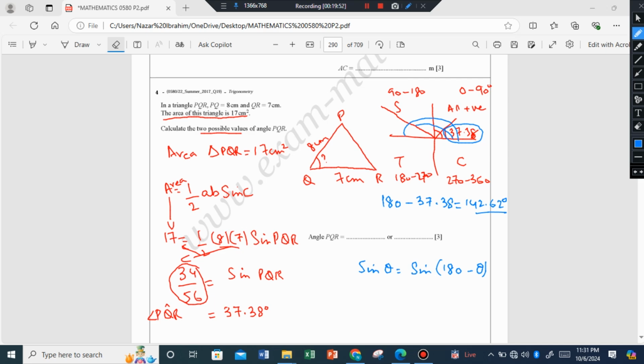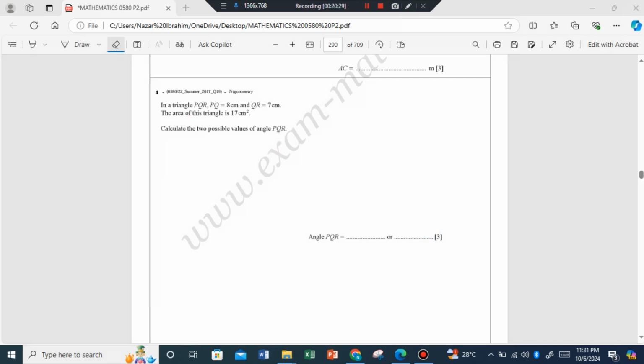I should get this whole value, 34.56. If I'm getting this value with a positive sign, it means my answer is correct. Okay, so the two values are one is 37.38 and the other one is 142.62. Right? Clear? Let's go to the next part.